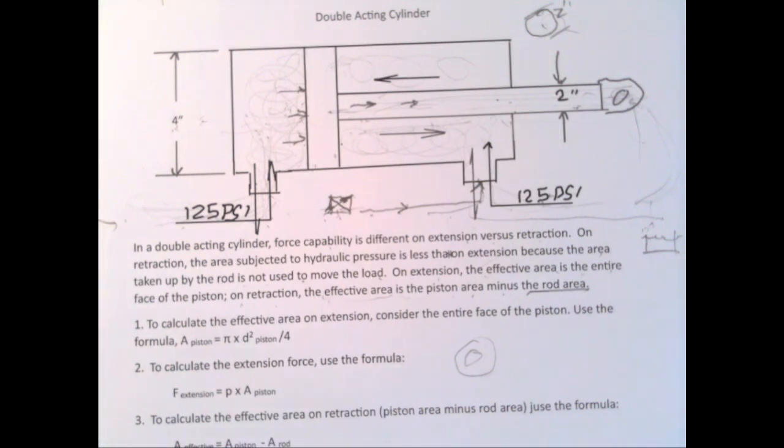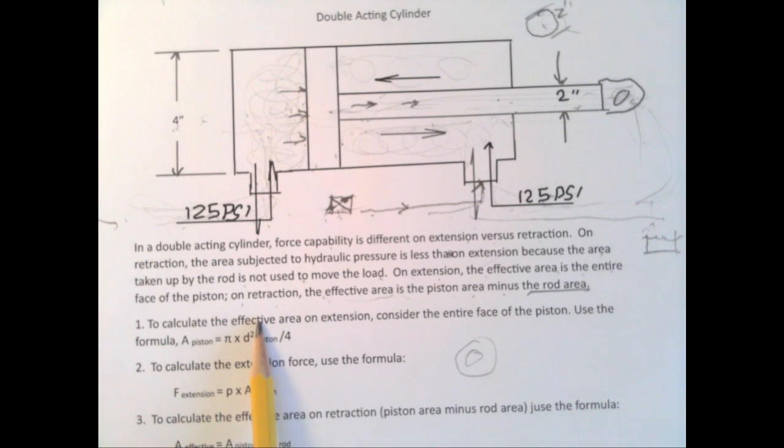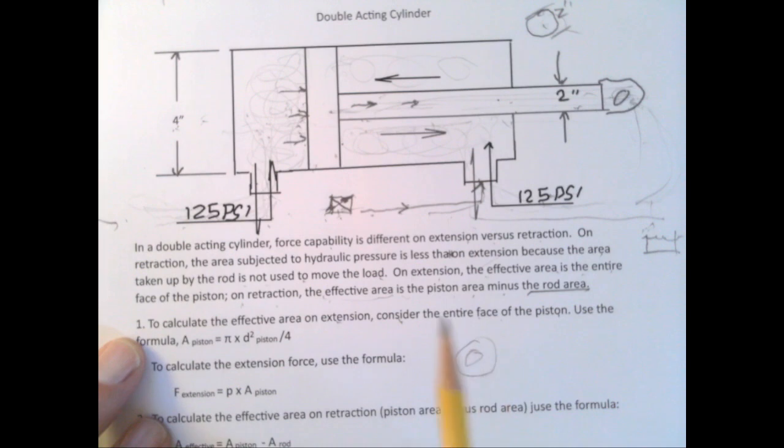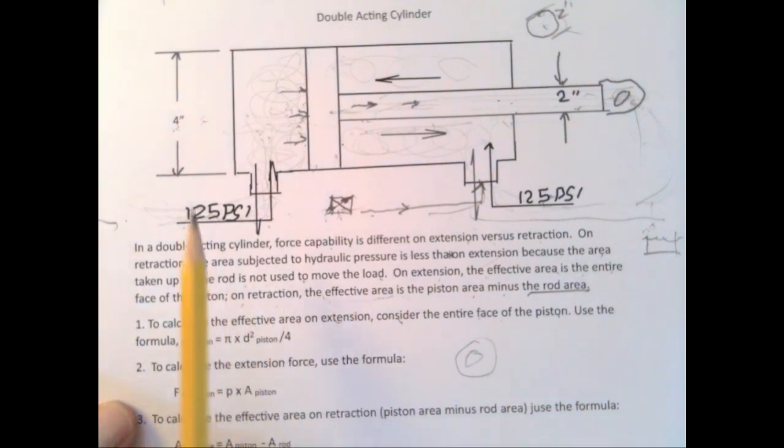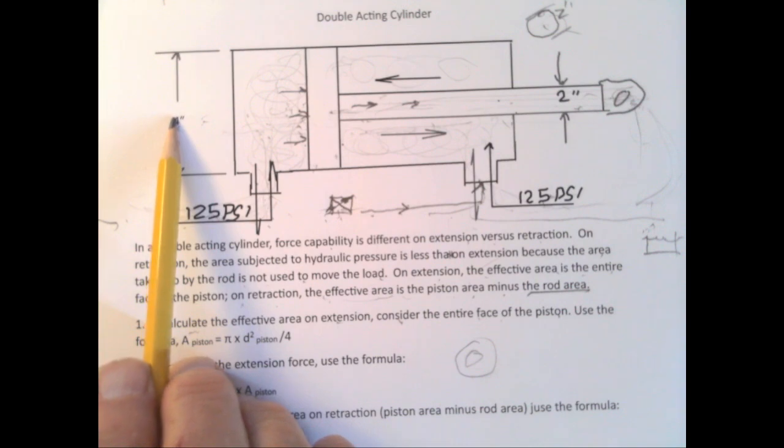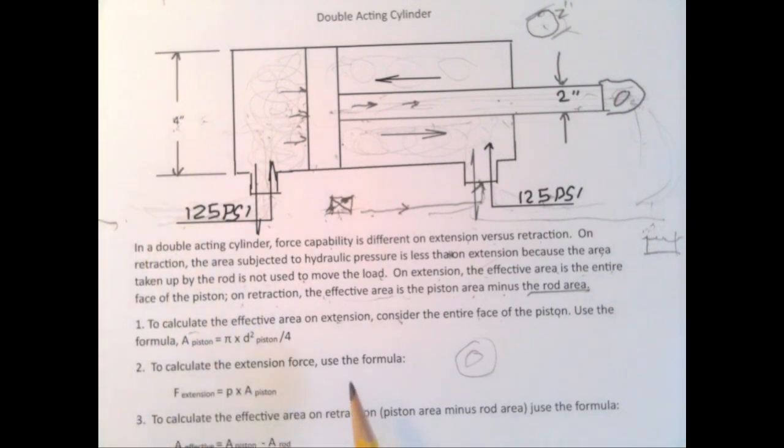So the way to go about that simply is to calculate the effective area on extension. That would be that area. Consider the entire face of the piston. So in this case, you would be having a piston with a diameter of 4-inch.